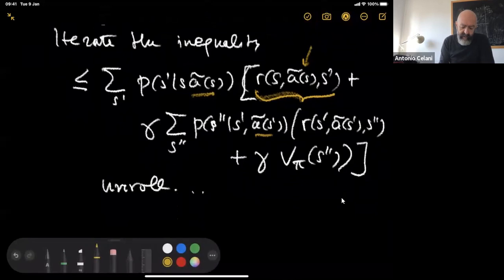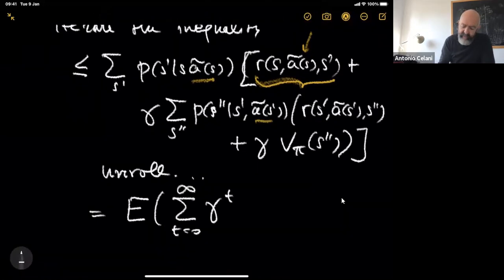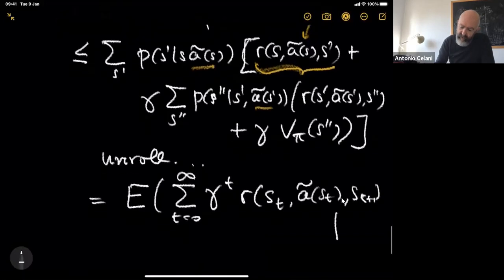So with a moment of reflection, you realize that this object here is nothing but the expectation of the sum from t going from 0 to infinity of gamma to the t of the reward that you take if you are in state st, you pick the action A tilde of st and you end up in state st plus 1, conditioned on S0 equals S.